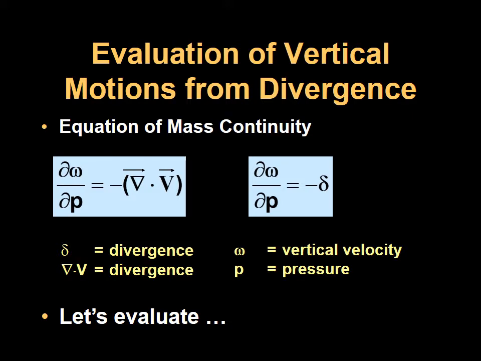So we're going to start out with the equation of mass continuity in pressure coordinates, and that's d omega dp is equal to the convergence or divergence in the atmosphere. So we're going to break this equation apart and look at each section and each term of the equation.